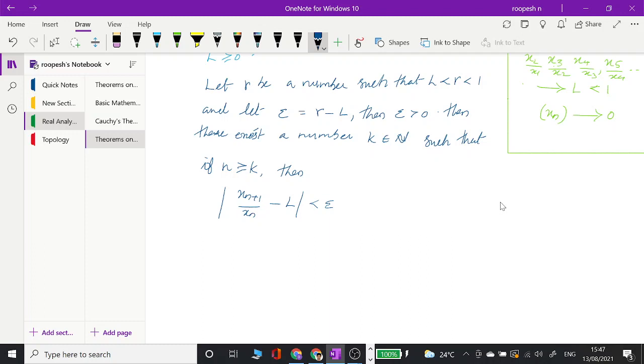We have just used the definition of convergence of the sequence x n plus 1 by xn.